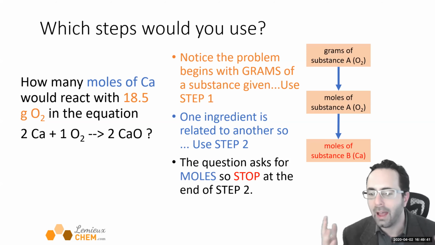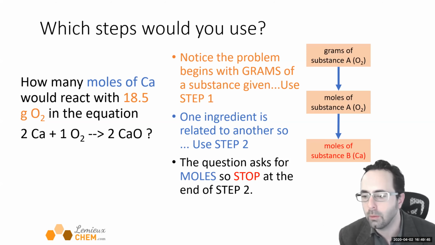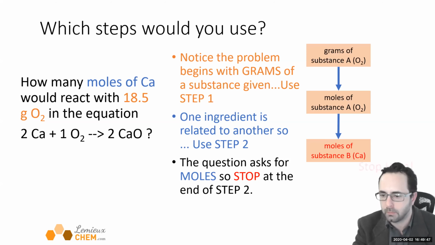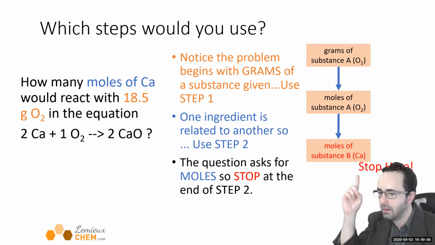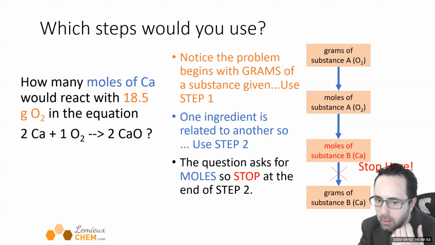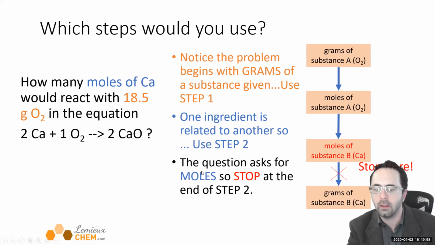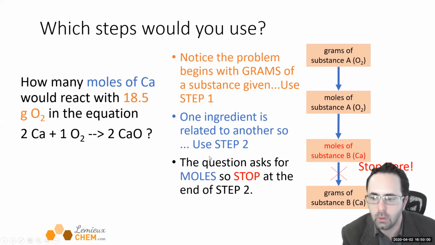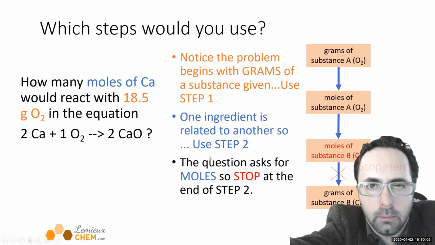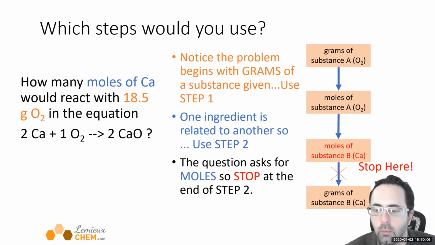But the question asks for moles. So in this case, we know we should stop at the end of step 2. We don't go to step 3 and get grams of substance B because the question didn't ask for grams of substance B. It asked for moles. So we stop right there.